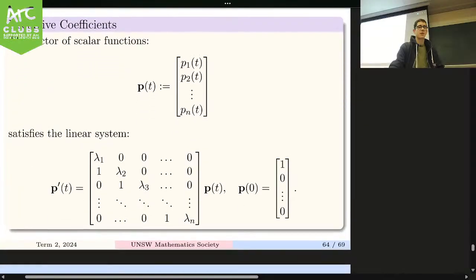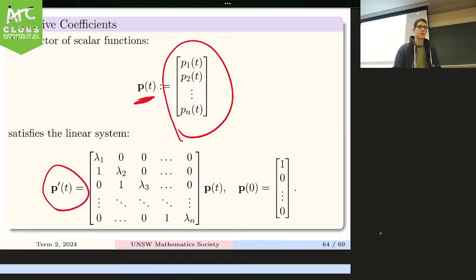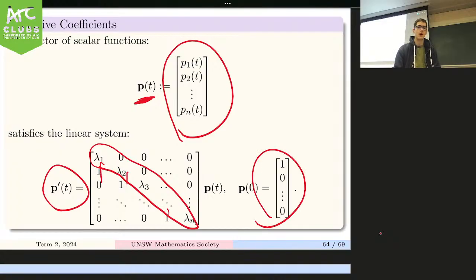This is the definition here of our vector p, so the p1 through pn that we're using, where p dash of t has these lambdas along the diagonal in that specific order with ones below it, and it has to satisfy the initial condition of 1, 0, and so on.